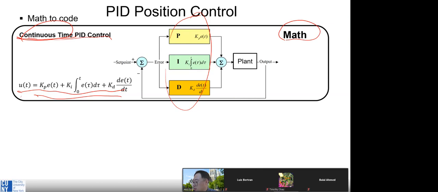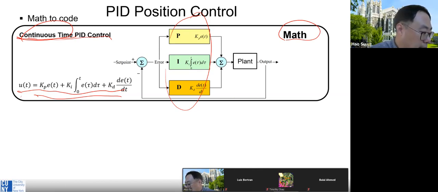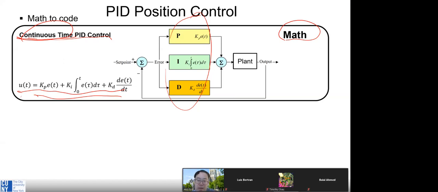Wouldn't you have to create some sort of flowchart or pseudocode in order to implement this closed loop system? Okay. Any other answers?